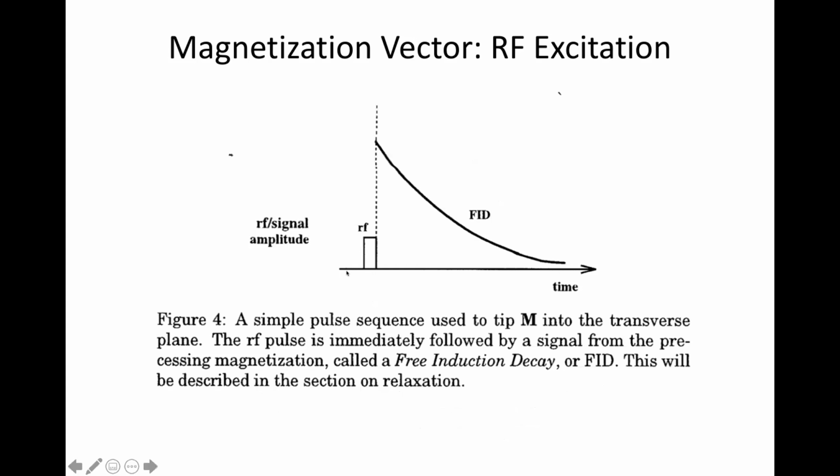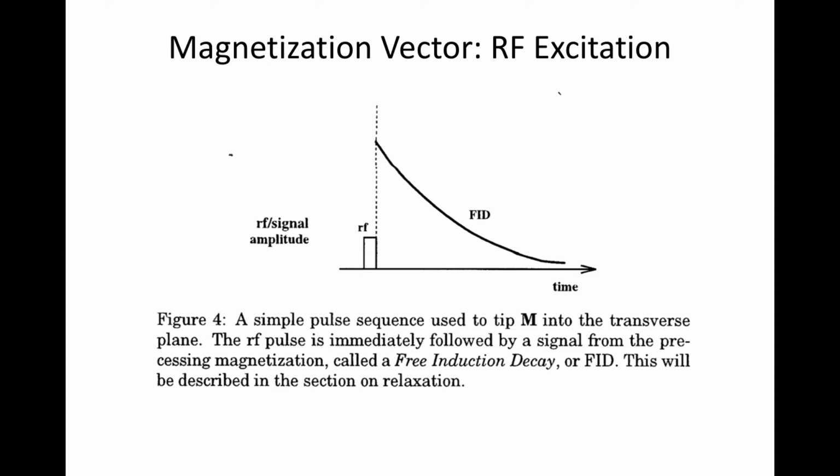This is the simplest pulse sequence diagram you can imagine. And what happens here is this gating signal says my RF is on at a certain amplitude when this is up, and then it's off here. So if I pulse my RF on, the magnetization vector begins to precess away from the Z direction.